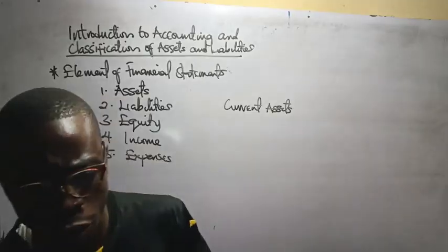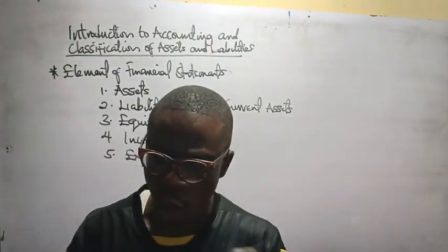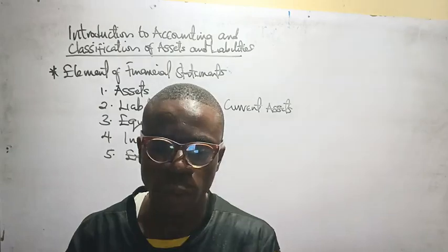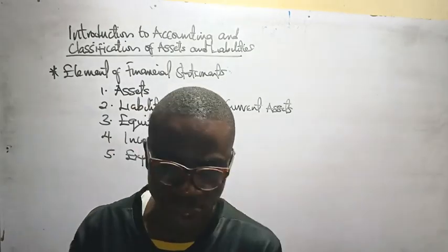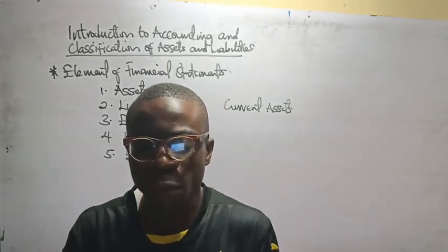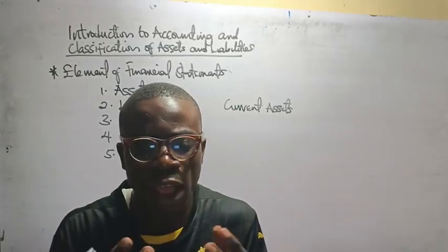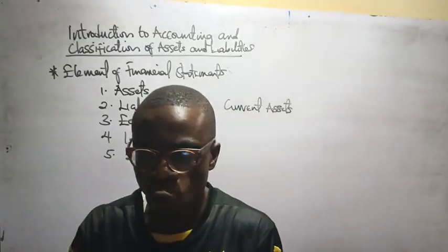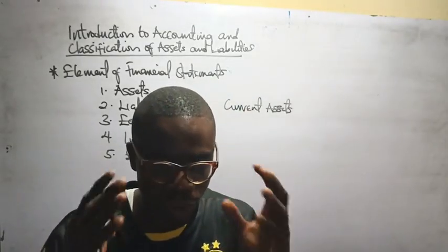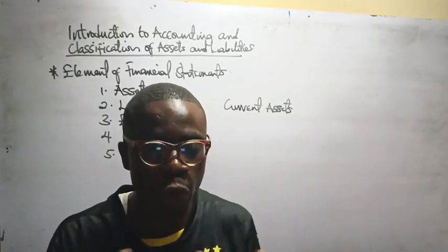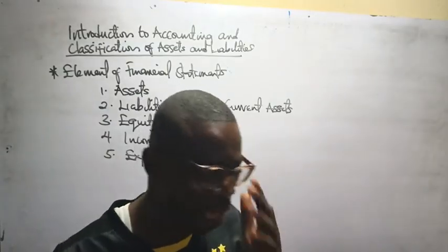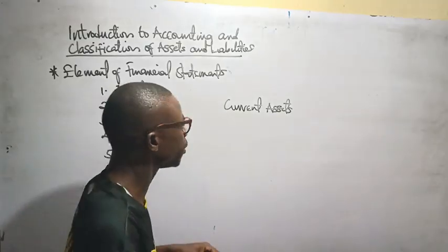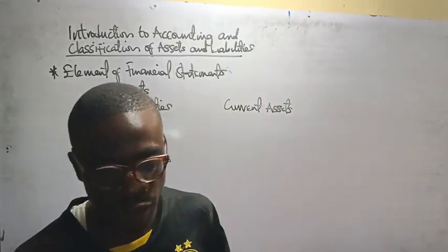Now let's look at examples of current assets. I just explained that current assets are short-term resources owned by a business, assets that can be easily converted into cash and consumed within a year. What are the examples?